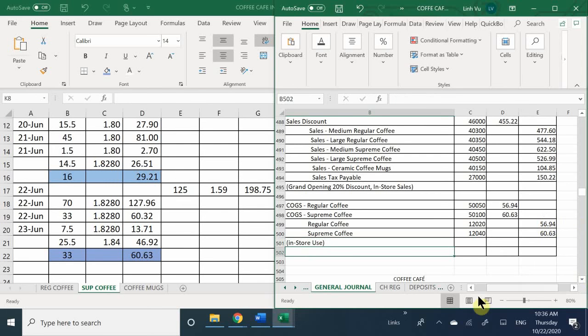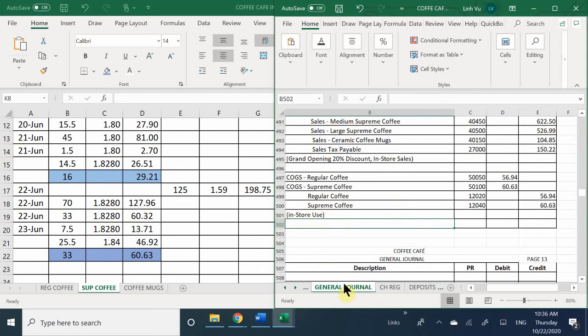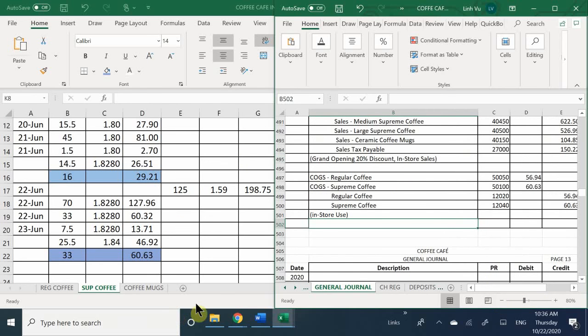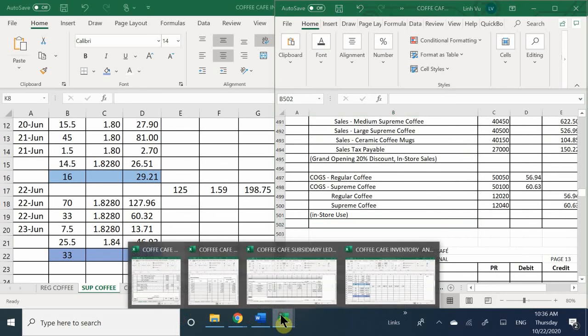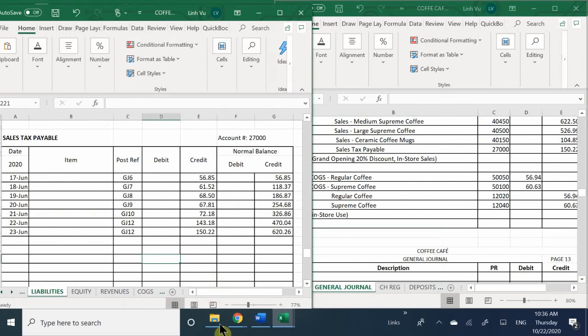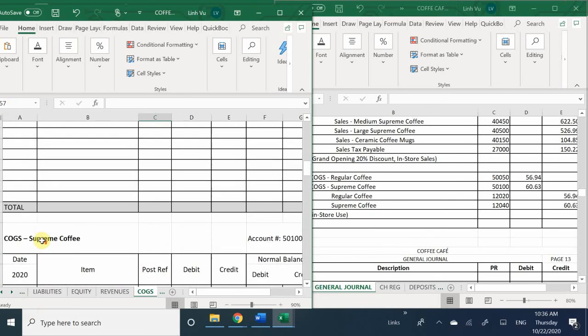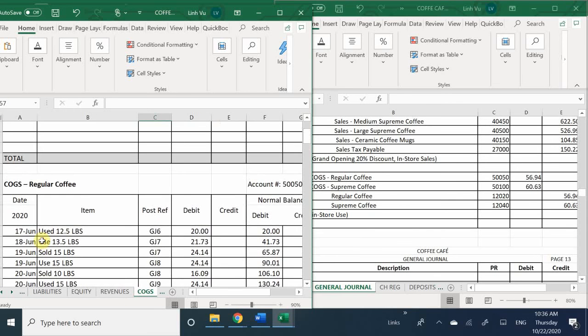Right? There's definitely no room for anything that you could place in there, so you don't need to draw a line there. So now, where do we go? The last thing that we need to go is our ledger. Yes, cost of goods sold for regular coffee.